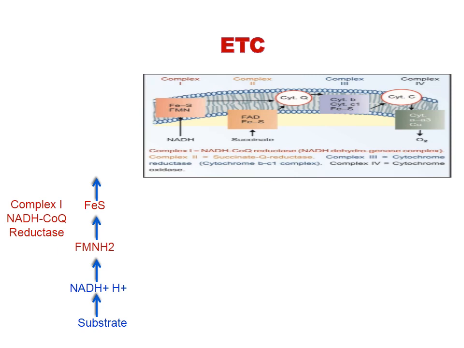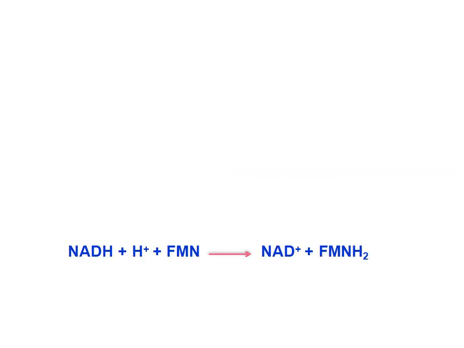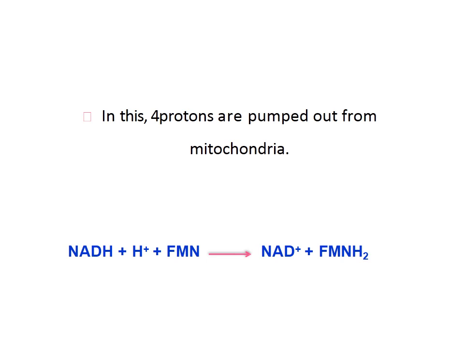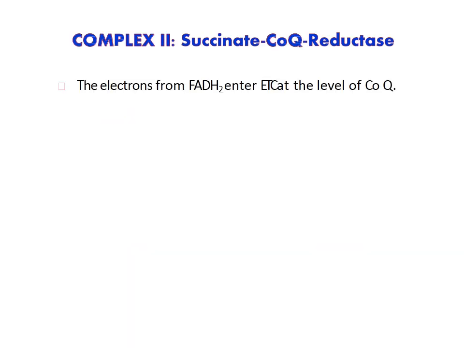FMN becomes FMNH2, and finally it is given to FeS, which we will see later. NADH becomes NAD plus because the hydrogens are given to FMN. In this, 4 protons are pumped out.